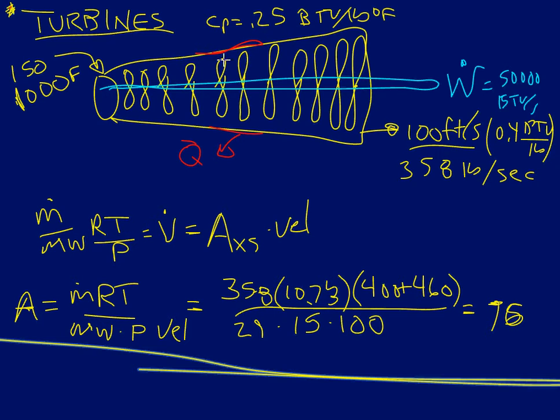The reason you're increasing that is you don't want too much of a difference between the velocity of the gas and the velocity of the blade, because if you have a high difference, then the gas will have some friction as it slides across the blade, and friction creates irreversibilities. Let's call it dissipation of what we're trying to convert, good mechanical energy, into frictional energy, which then winds up as heat.